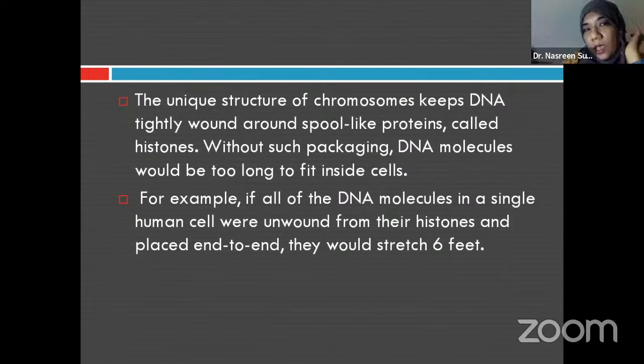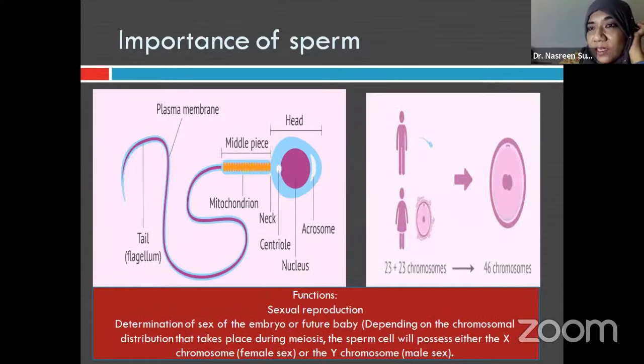In one paper it is given: what is the importance of sperm? There are two important functions of sperm. Just for your idea, I have kept a picture of a sperm also. Sometimes you may be asked to draw the structure of a sperm. It has a head, a middle piece, and a tail.